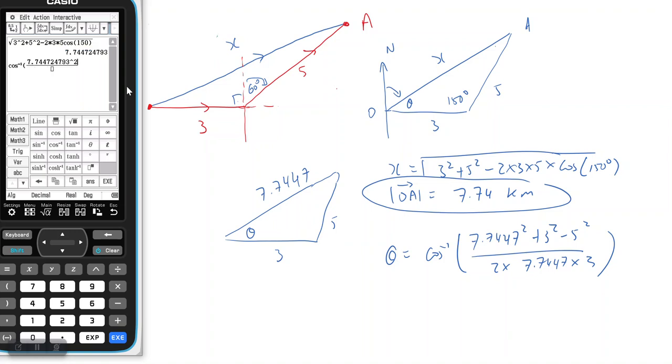So it's inverse cos of that squared plus 3 squared minus 5 squared over 2 times that times 3. That gives 18.83 degrees.